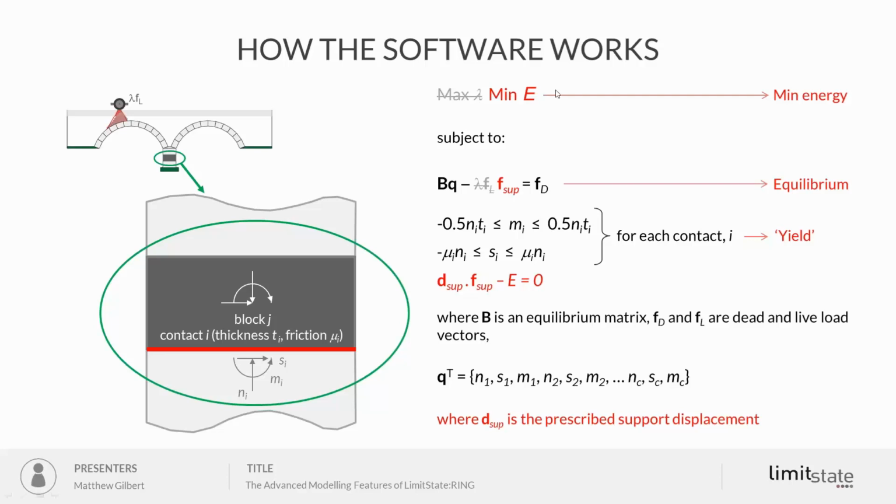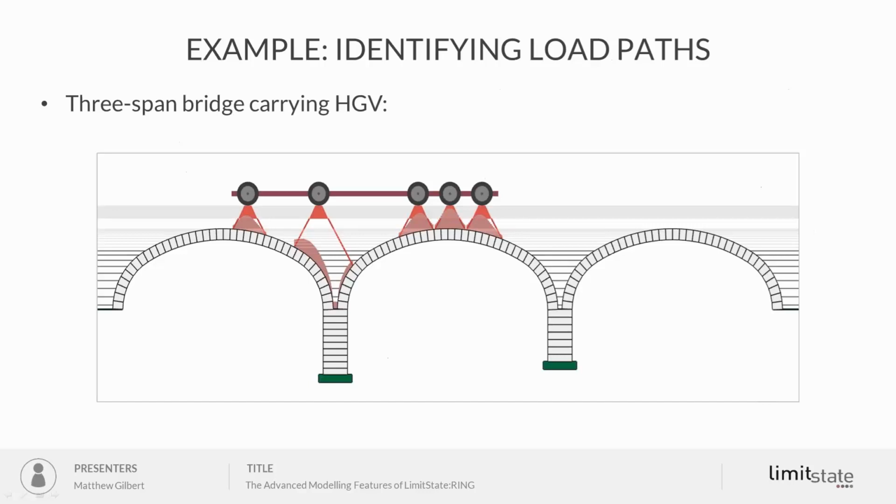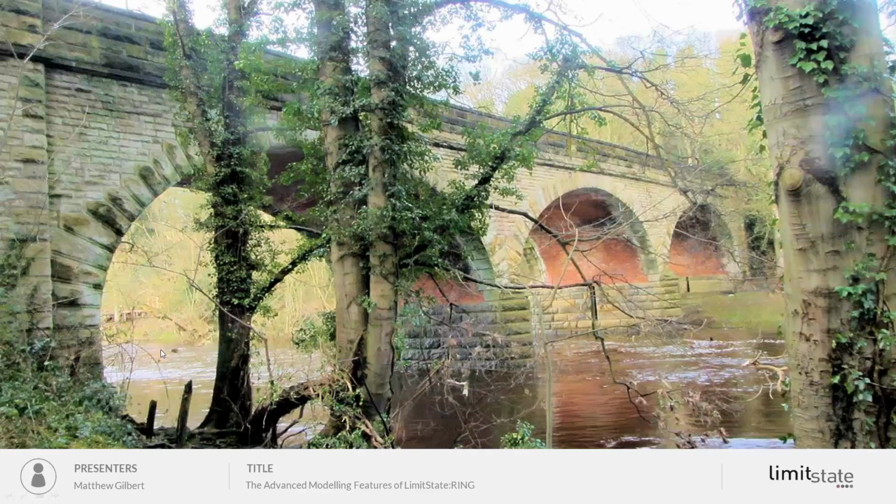In terms of the usefulness of the output, clearly this is not directly useful to note the energy, although you can use it to infer, for example, what the support reaction is. So this is the case I've just looked at, and actually, what I'm going to do is refer to a bridge of a very similar geometry.